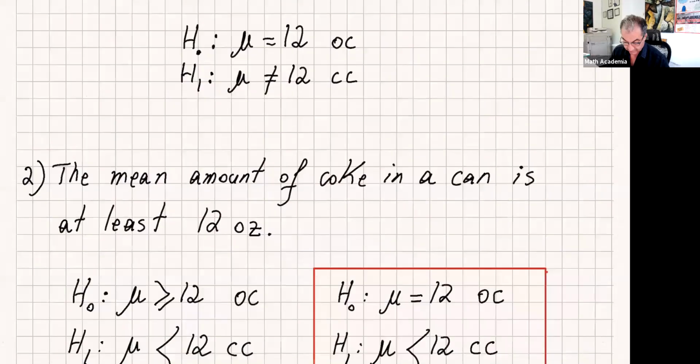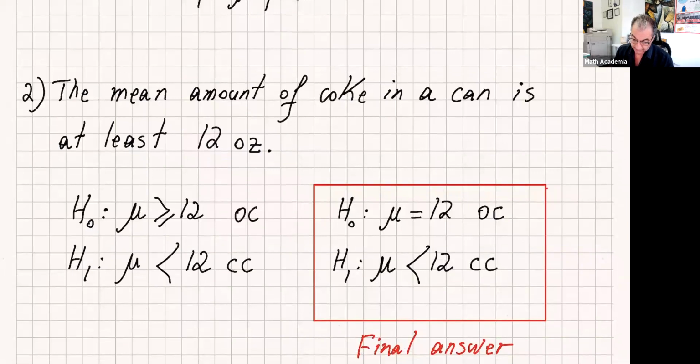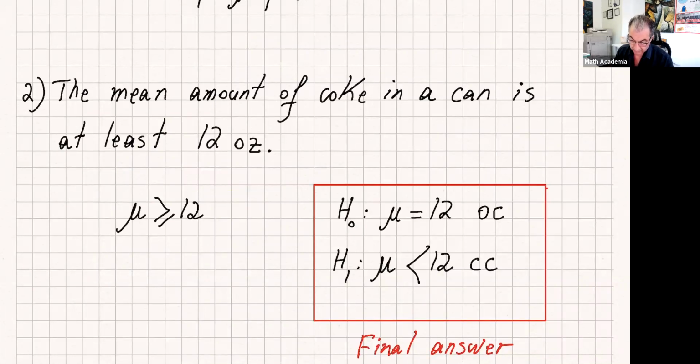Let's do a second example. The mean amount of Coke in the can of Coke is at least 12 ounces. So if we start writing the claim, at least means mu is greater than or equal to 12.